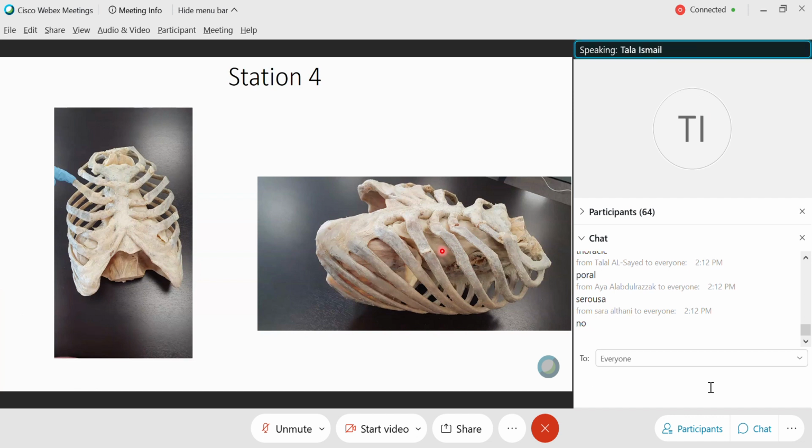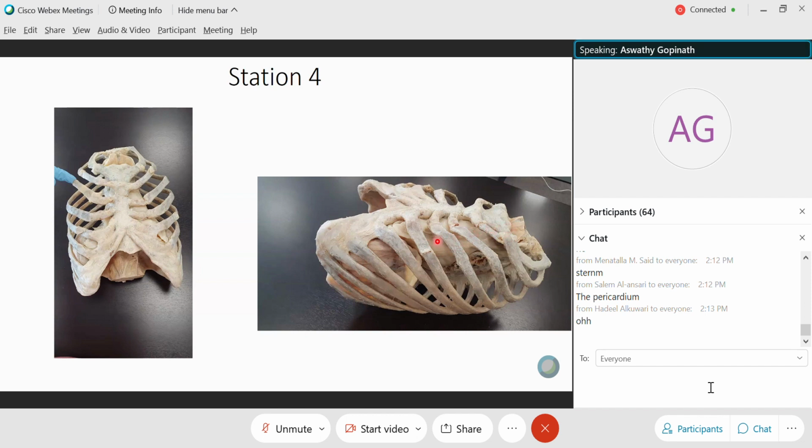Okay, fine. So this is actually the heart, which is in the mediastinum, which is covered with the pericardium. What you're seeing is the tough pericardium, and if I remove the pericardium, I will see the heart. So this is actually the heart with the pericardium in the mediastinum.